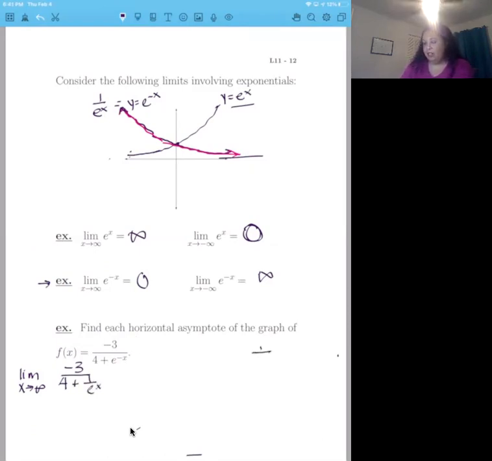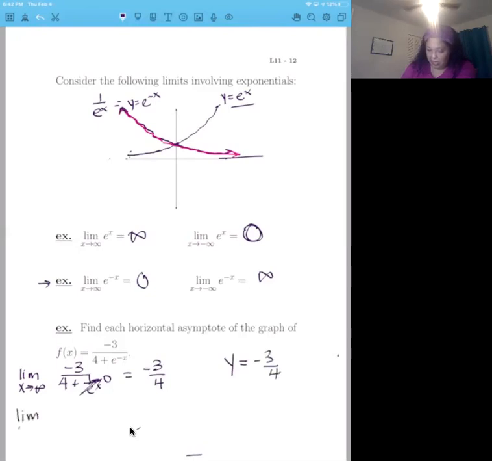Now, it's not x to some power, but the numerator is staying constant and the bottom is getting bigger and bigger and bigger. So this goes to 0, right? And we know that from our graph up here as well. So what I get is -3 over 4. So there's a horizontal asymptote at y equals -3 over 4.